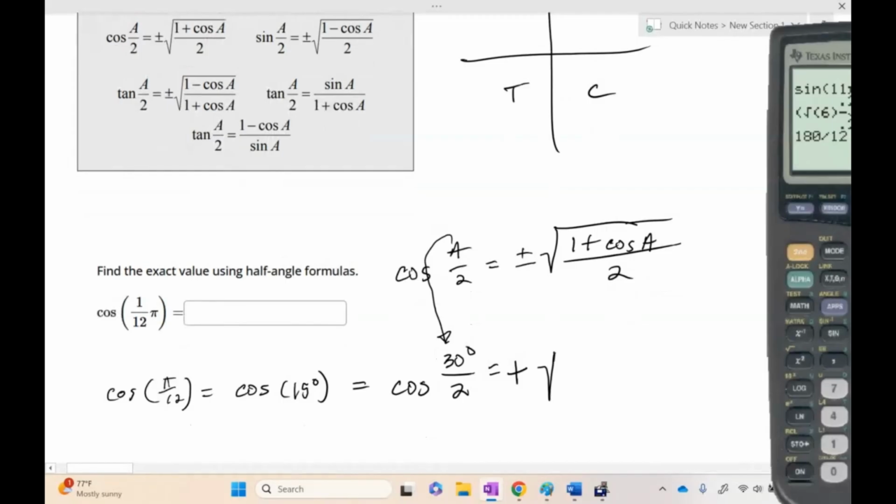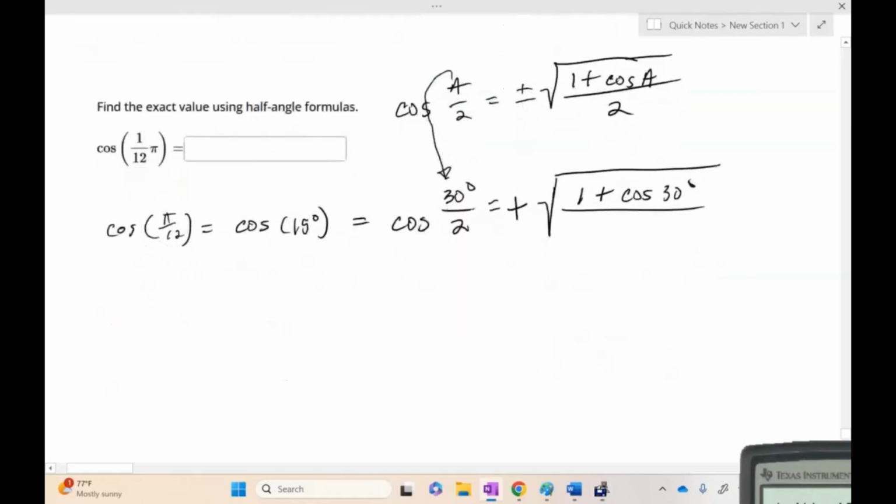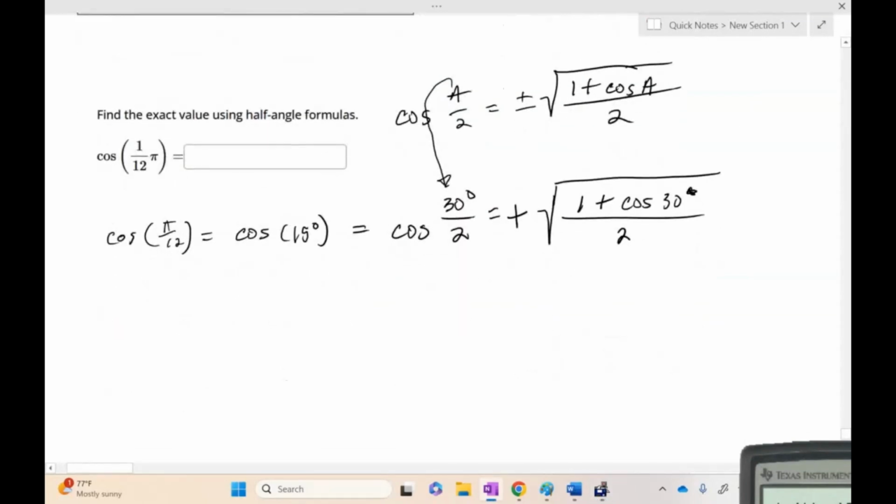Okay, so now we have the square root of 1 plus the cosine of A. Remember that A is 30 degrees, divided by 2. So now the only thing I have to do is find the value of the cosine of 30 degrees and then simplify.